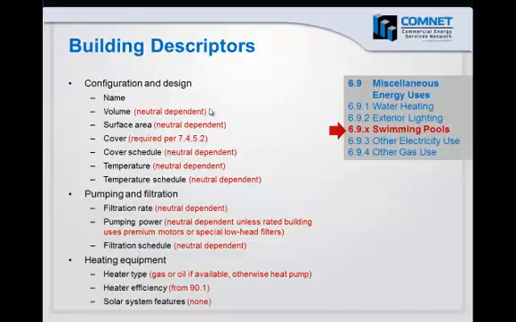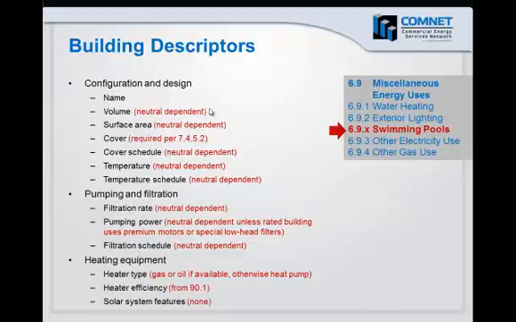The equipment for heating the pool is, unlike water heating, always assumed to be gas or oil if oil and gas are available on the site. If oil or gas are not available on the site, the baseline building uses a heat pump, a water-to-water heat pump, or some type of heat pump to heat the pool.